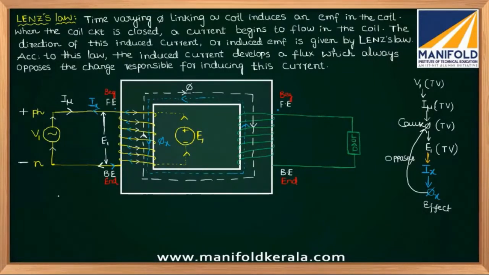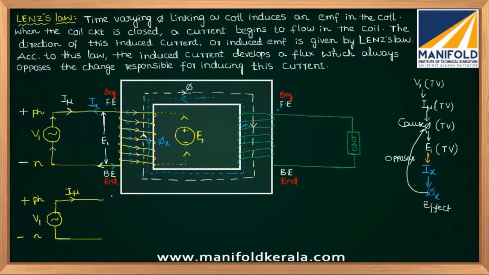Please let me draw separately here for understanding. Yes, it is V1. The direction is like this. I wrote it as phase, I wrote it as neutral, nothing but plus and minus.